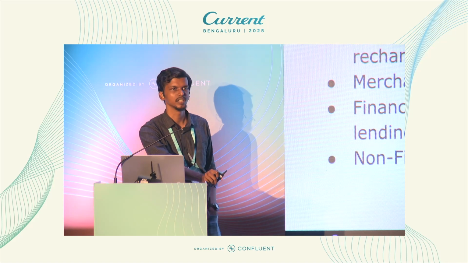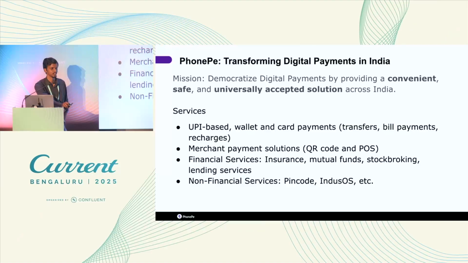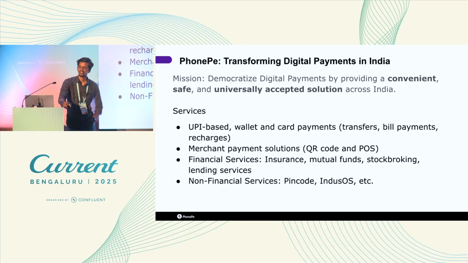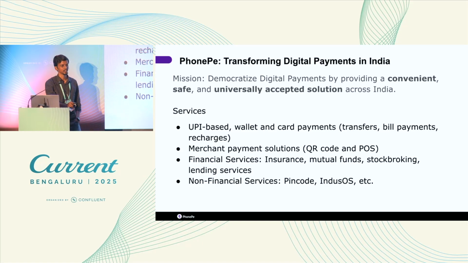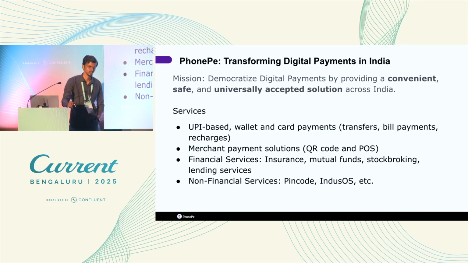We support different payment instruments like UPI, wallet, and card payments. We have solutions for offline and online merchant payments, and we offer other value-added financial services such as insurance, mutual funds, stockbroking, and lending services. Of late, we have also gotten into non-financial services like PinCode, which is a shopping app based on ONDC, and Indus OS, which is an app store.